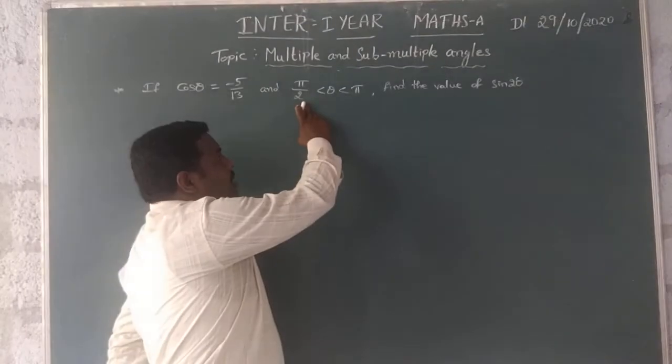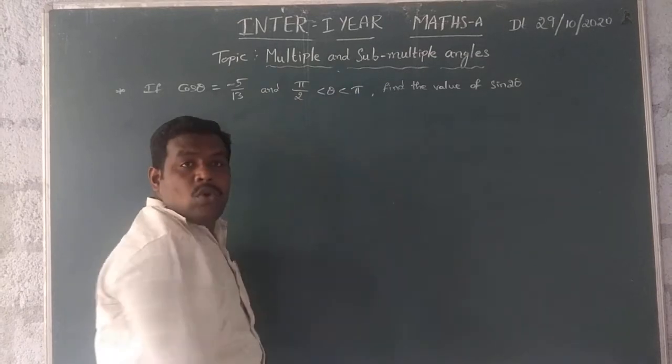Okay. In this problem, we can find the value of sin 2 theta. What are the given conditions? Cos theta is minus 5 by 13 and theta lies above 90 and below 180.